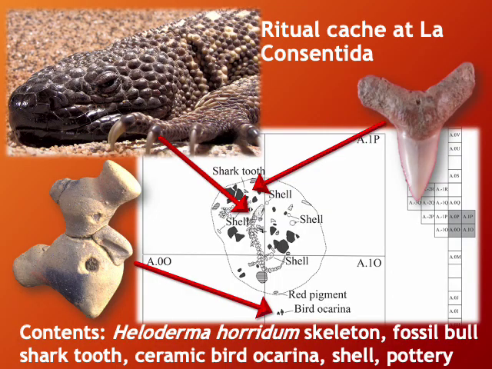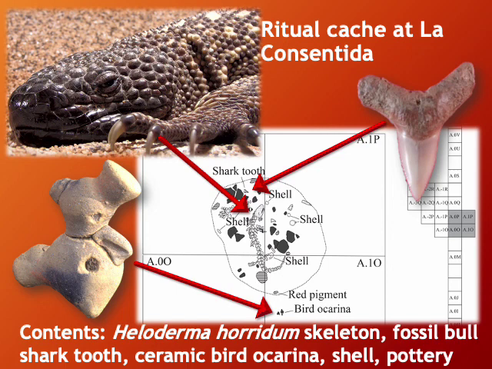Other evidence we might find from early formative period Mesoamerican sites may tell us a little bit more about ideology and what people thought of the universe. This ritual deposit was recovered at La Consentida and includes a really interesting combination of different materials. There's the complete skeleton of a venomous reptile called Heloderma horridum.